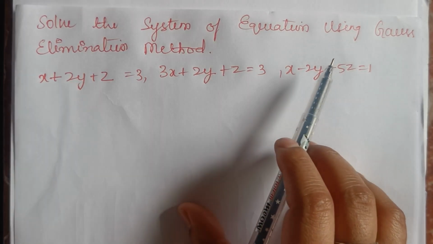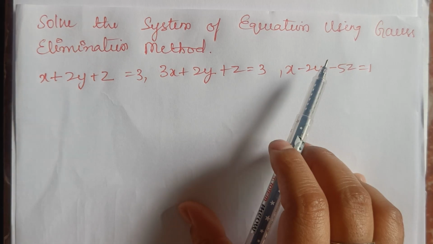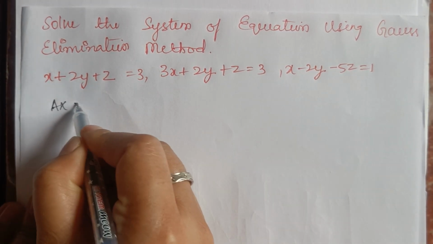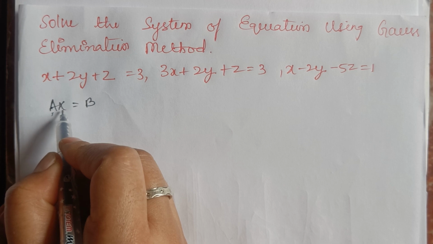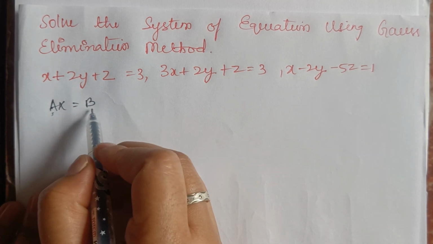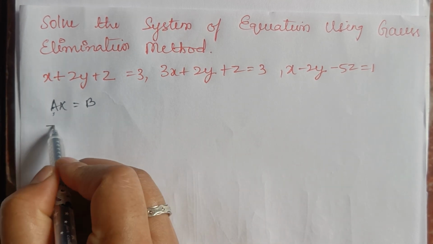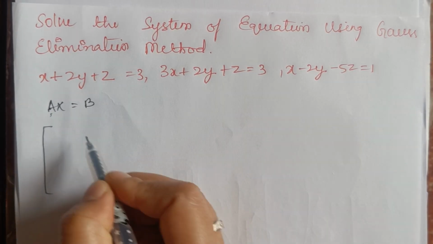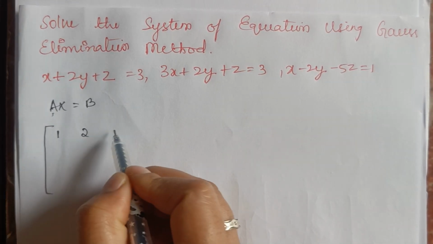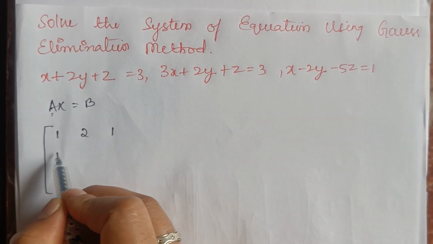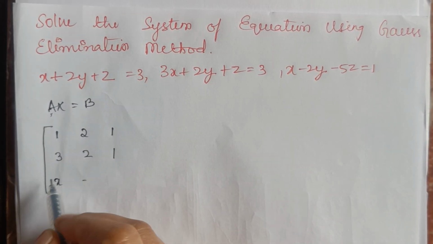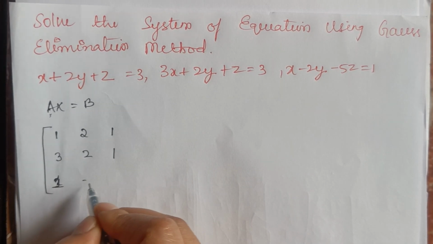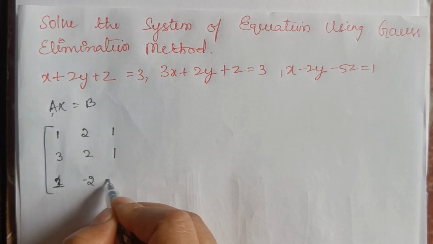Okay, so let me write the system of equations in this form, Ax equals b. So A is the coefficient matrix, x is the unknowns, and b is the constant matrix. A is 1 2 1, 3 2 1, and 1 minus 2 minus 5.